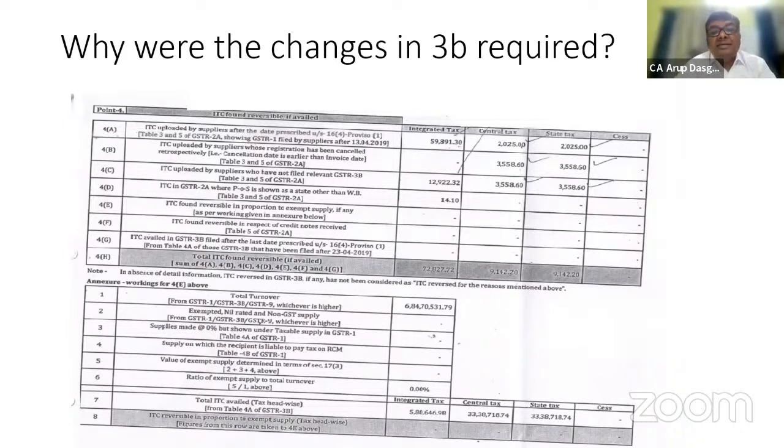So now what has happened is, for 17-18 and 18-19 mostly, we are getting this mismatch, wherein the department is saying that, okay, you have availed it before the due date for 16(4), which is September of the next year, or the due date of filing of the returns. But the supplier has furnished his outward supplies only after the due date of 16(4). So now here our logic was, sir, whether that is my problem, because I am told to avail the credit within 16(4) deadlines.